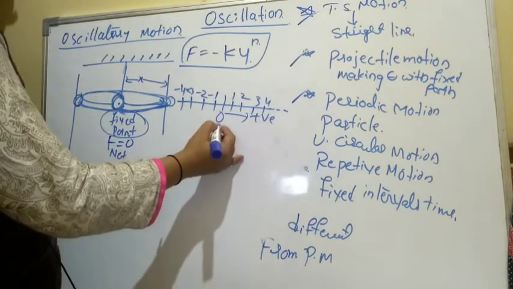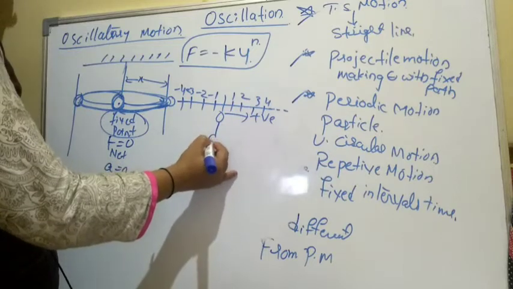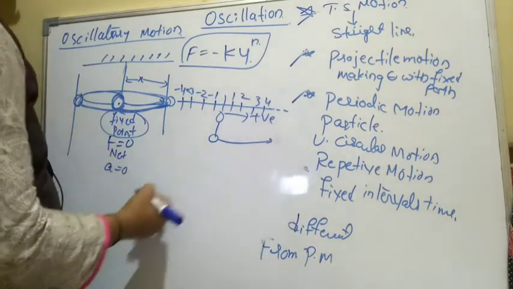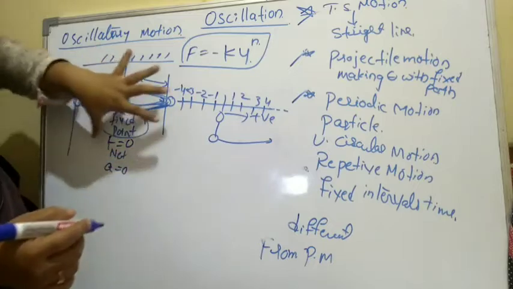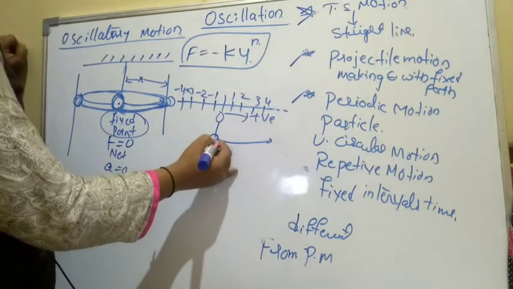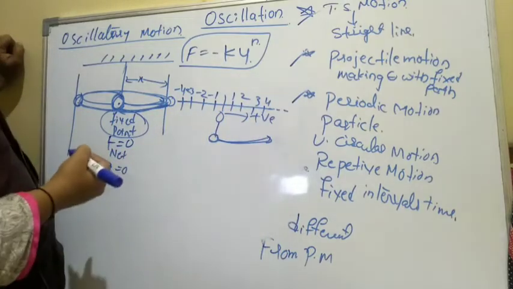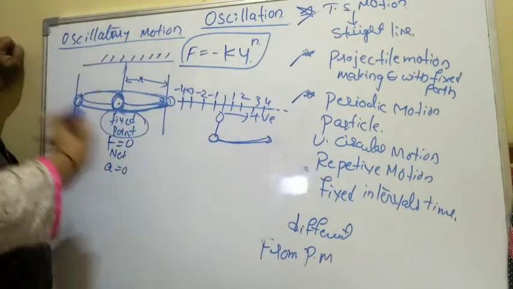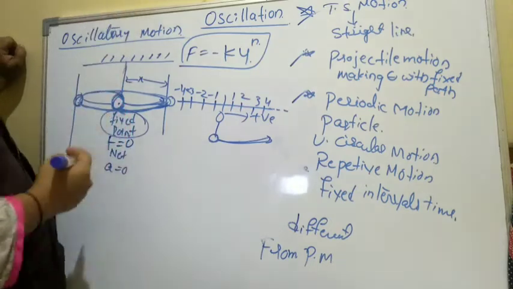So when the bob is moving from the mean position, the fixed position, to one extreme position, in this case, concentrate. It is moving on the positive side of your meter scale, assuming it is moving to the right.